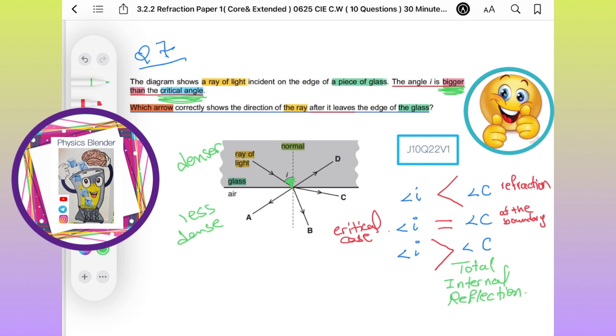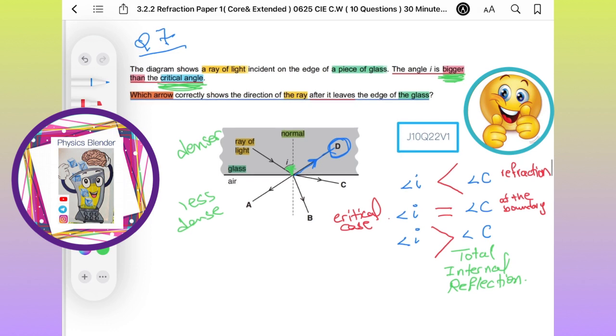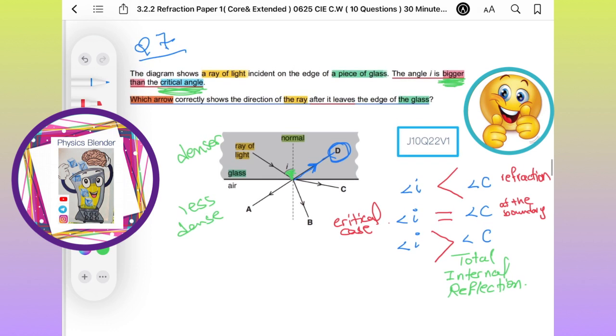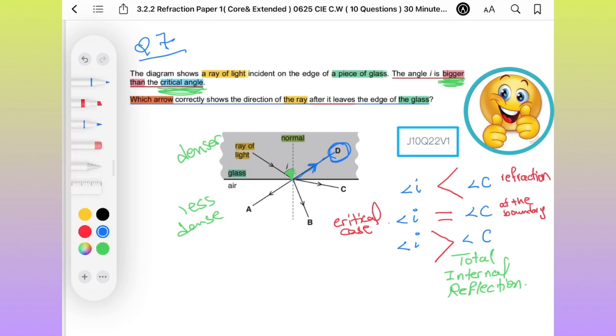So we are having here the third case, which is total internal reflection, which means the ray will be totally internally reflected in the denser medium. So the answer is D. Is it clear? Back to the question, you have to relate the angle of incidence to the critical angle. According to this relation, compare the values, you can find your correct answer.